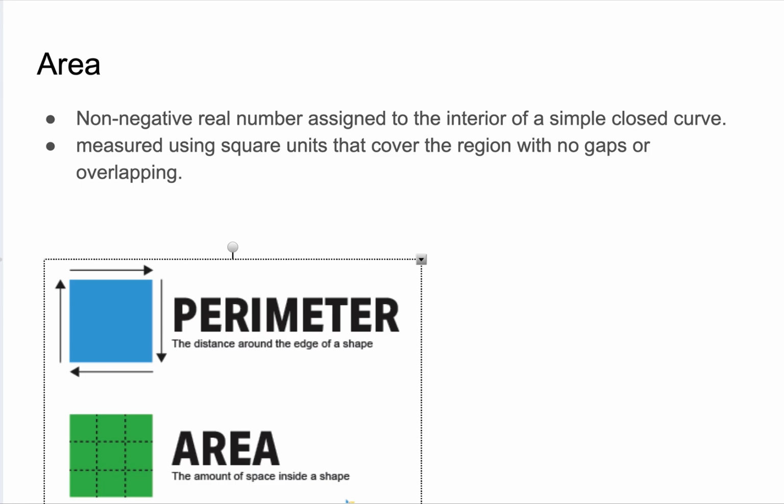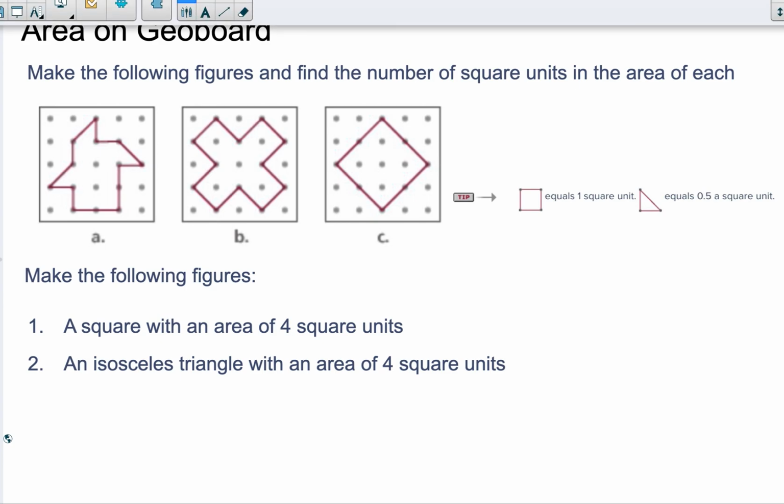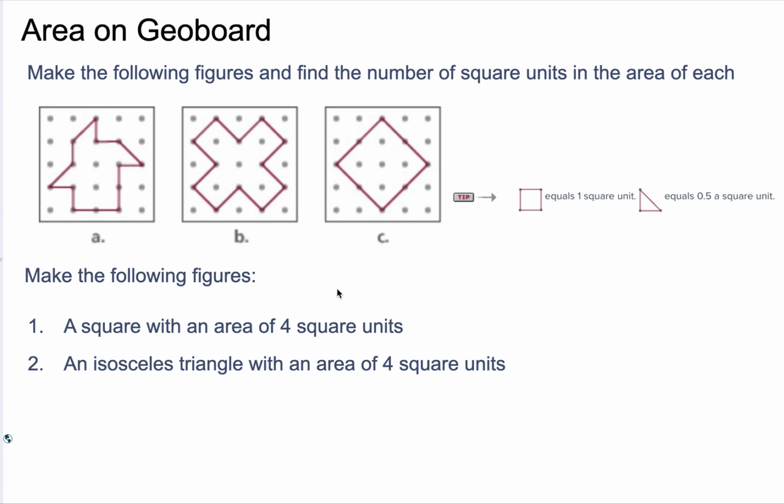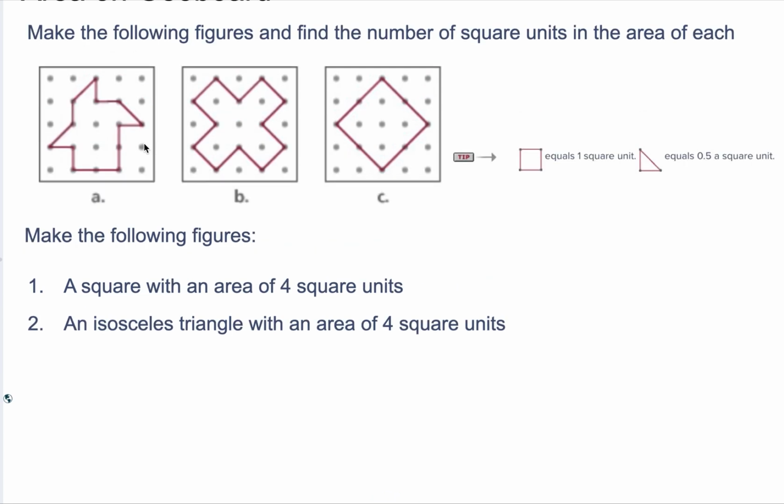Okay. So here is one tool that we use a lot of times when we are teaching area for elementary and middle school. We use GeoBoard a lot of times. I don't know how familiar you are with the GeoBoard. GeoBoard is a very powerful tool. There are also virtual GeoBoards available too. I'm gonna show you that a little bit later.